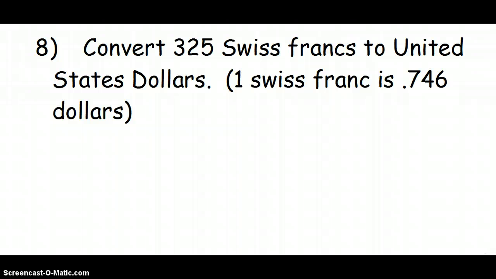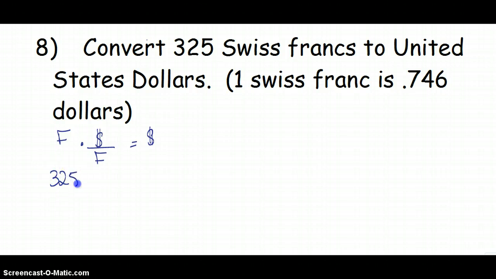Okay, now we're going to be converting some Swiss francs to US dollars. They tell us that 1 Swiss franc is $0.746. I always like to set up using my unit analysis. So we're starting with francs. I want to end up with dollars. So I need francs in my denominator, dollars in my numerator. So now let's plug in what we know.